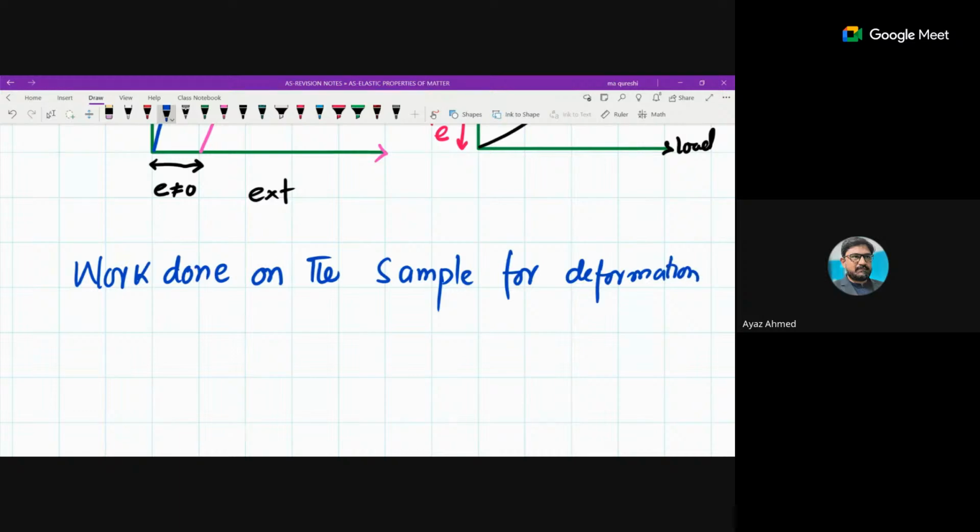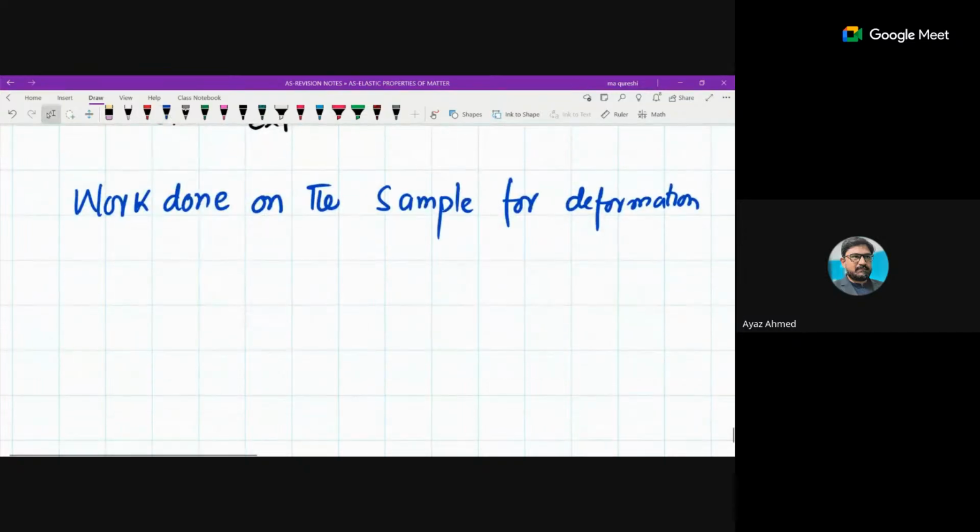When you are doing some work to deform the sample, that is basically the area between the loading curve and the extension axis.